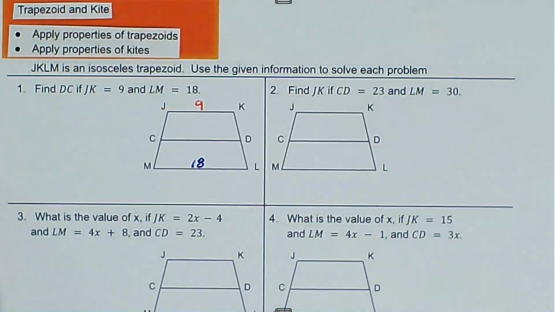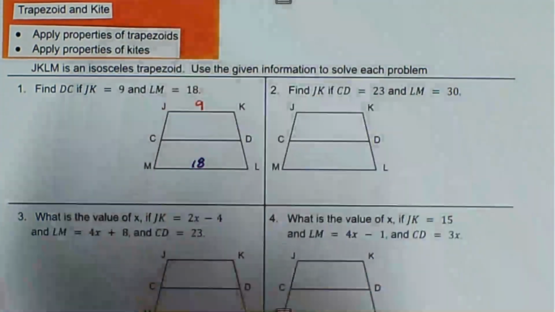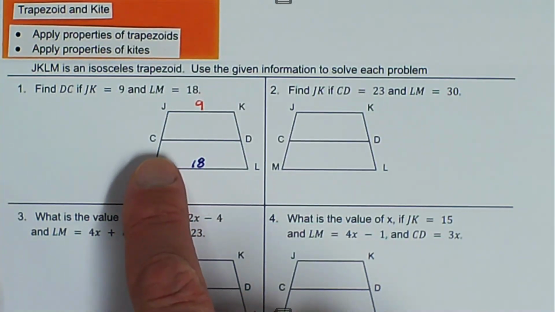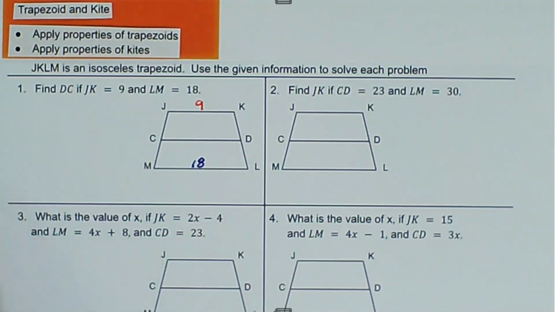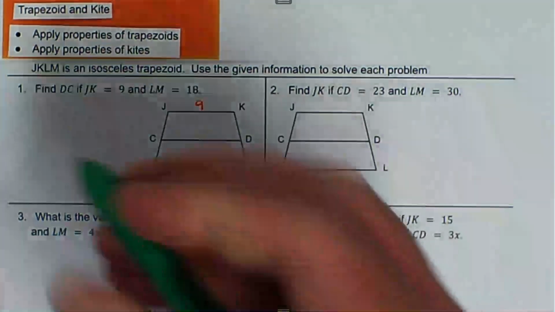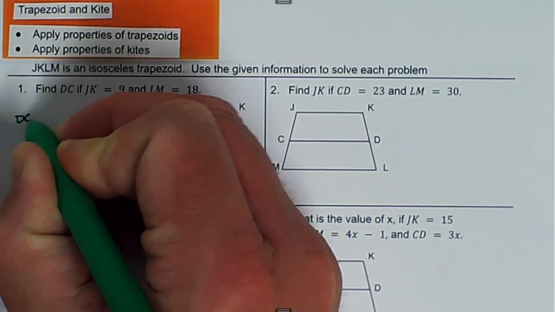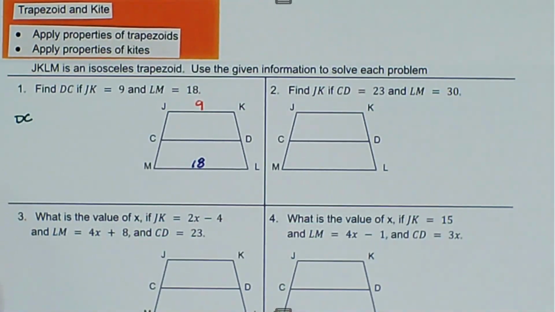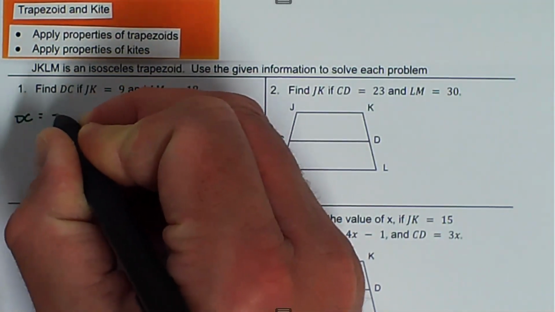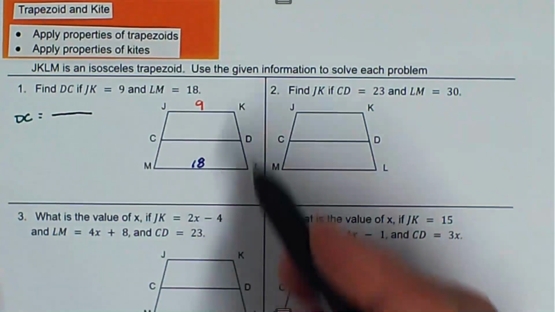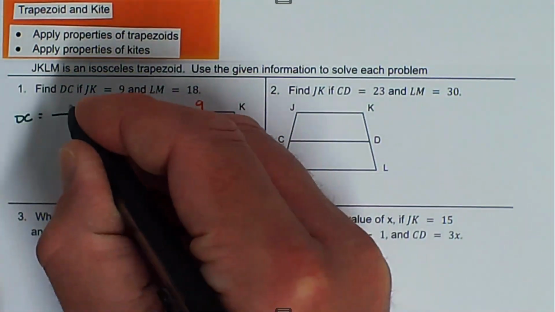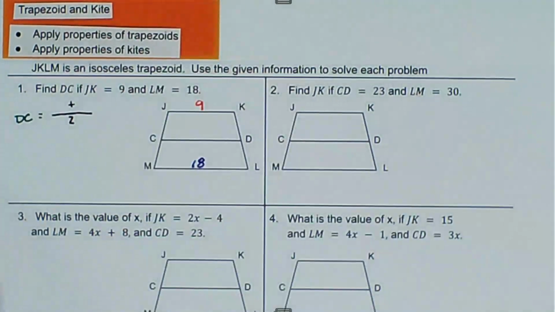And this is going to be the mid-segment theorem, where the two bases added together allow us to calculate DC there. So we can say DC is equal to, and we're going to use our average formula. Whenever we use average, we're taking the average of two things, so we're going to add two things together and divide by 2.